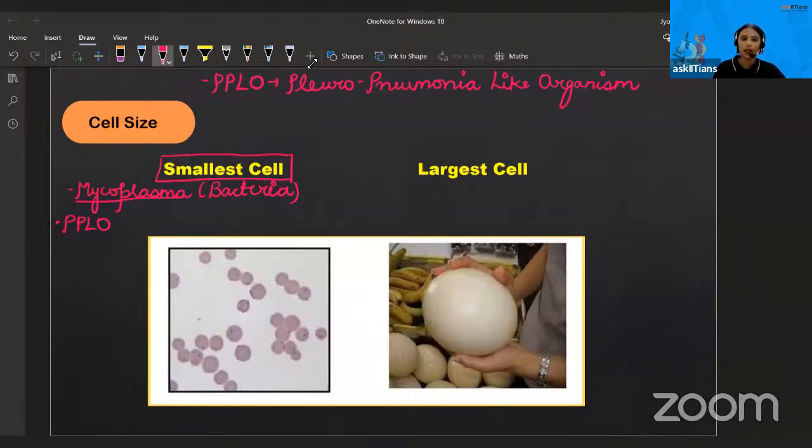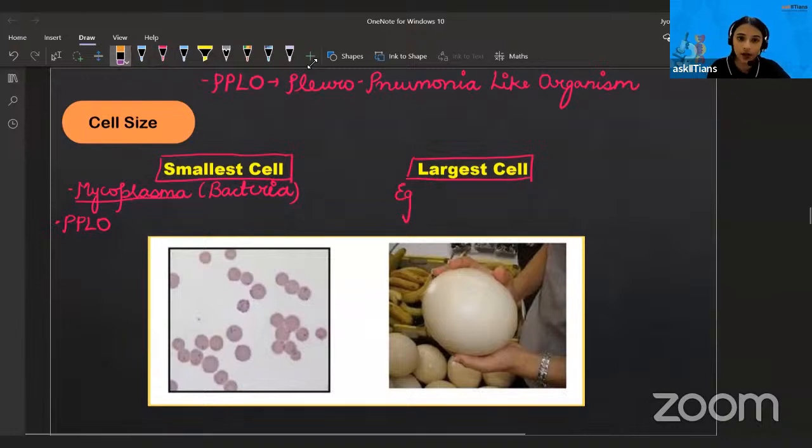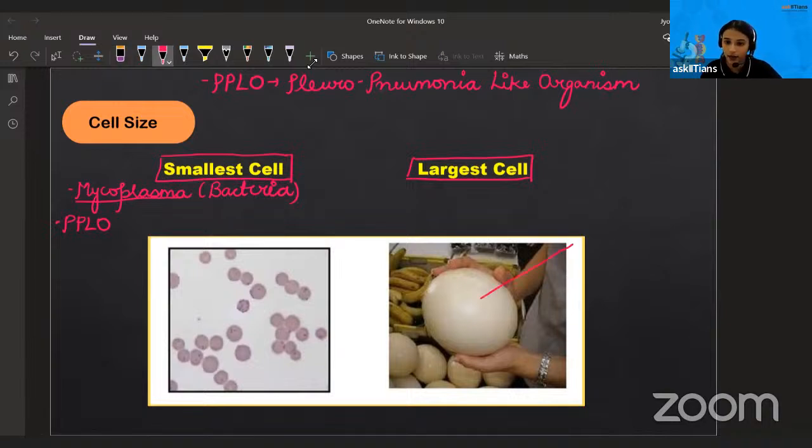This is the full form. And if the examiner asks what is the largest cell in the world, that is your ostrich egg. So this is the egg of an ostrich.